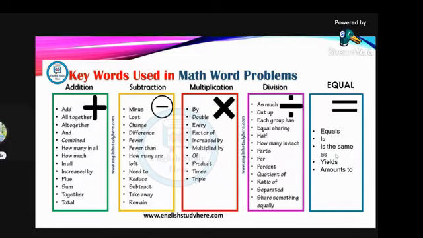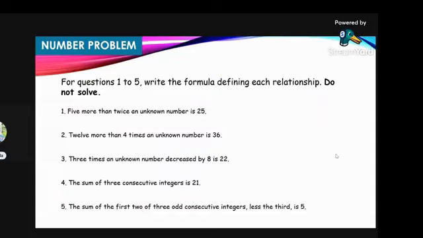So shall we have a try? For questions 1 to 5, write the formula, or we would say the mathematical expression, defining each relationship. Do not solve yet. We're just going to translate these sentences into mathematical expressions.